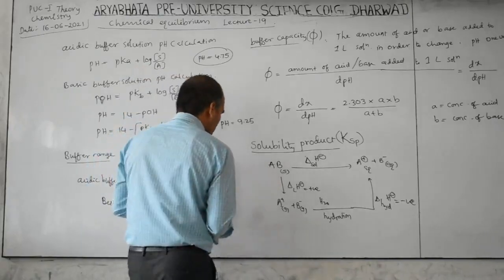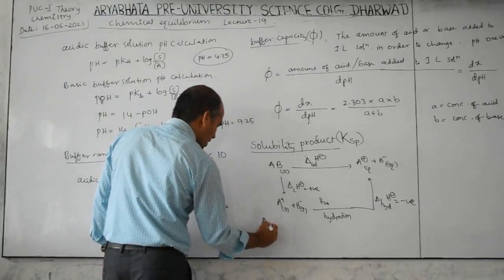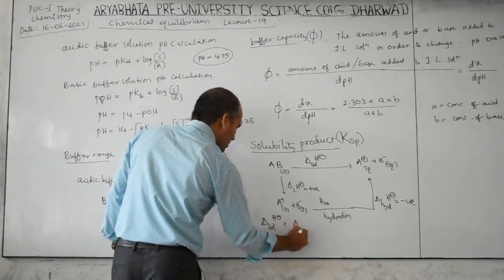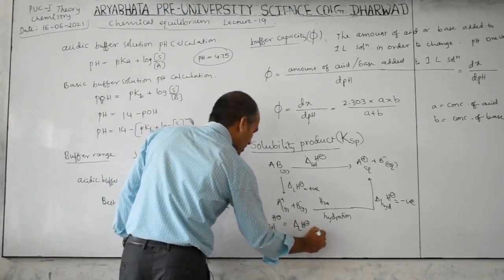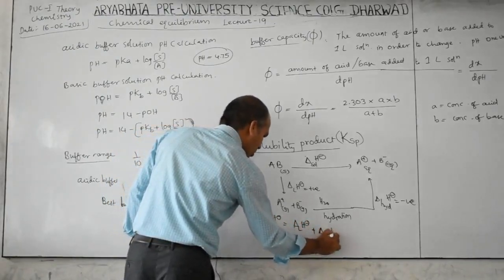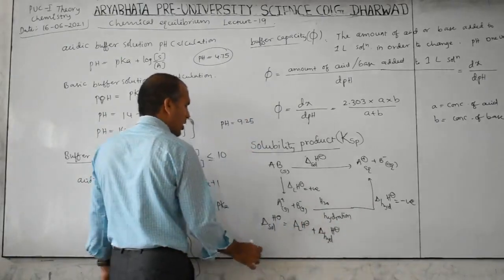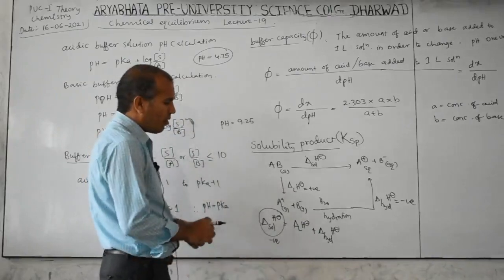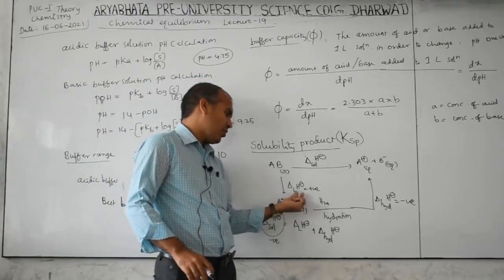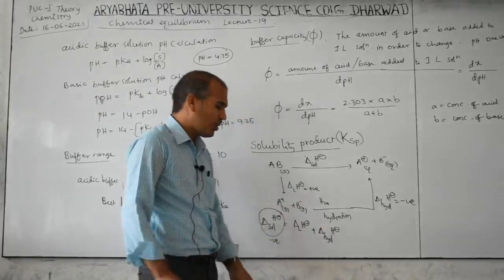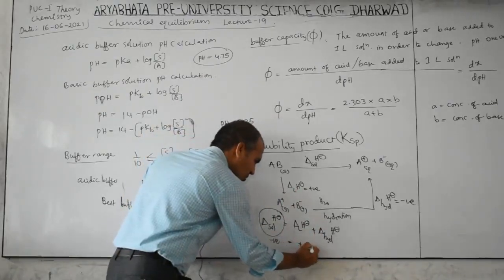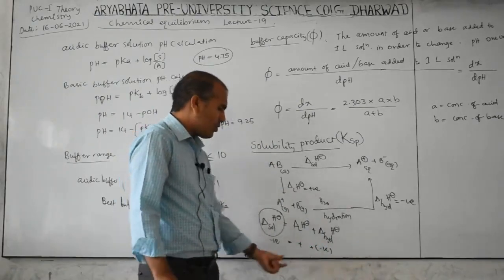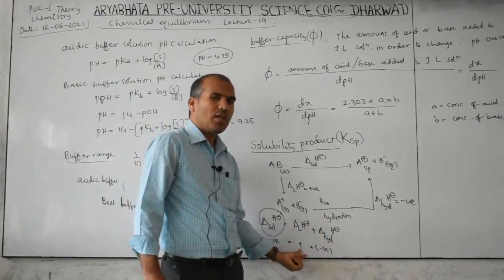Therefore, we already learned that delta solution enthalpy is equal to lattice enthalpy plus hydration enthalpy. If this value is negative, then it is more soluble. Lattice enthalpy is positive and hydration enthalpy is negative, so to get a negative value, the hydration enthalpy should be the higher value and the lattice enthalpy the lower value.